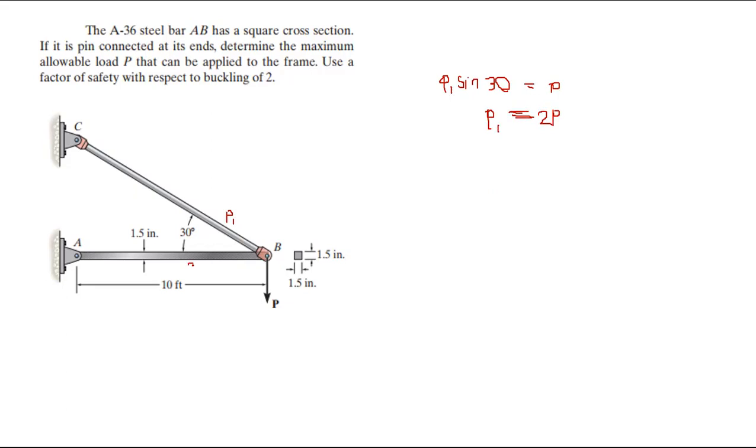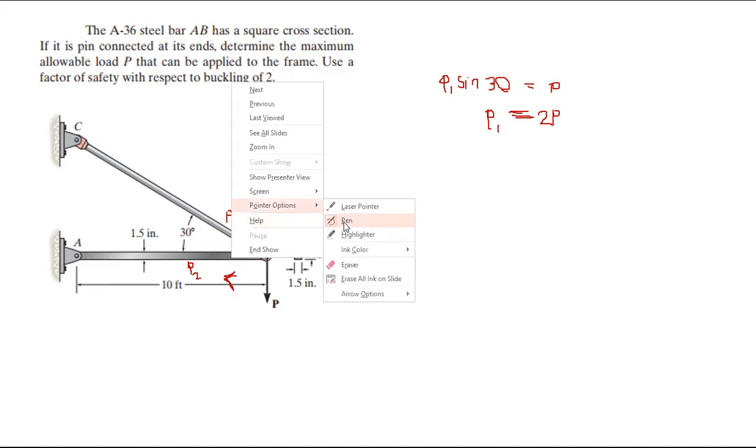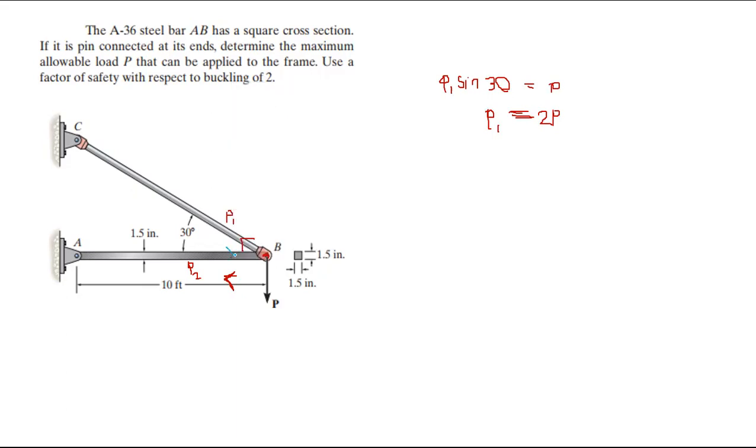Let's say this is P2. Now again, you should consider the horizontal equilibrium at this joint. If this force acts in this way, the horizontal component will act in this way, so the member force of AB should be in the other direction to balance that.